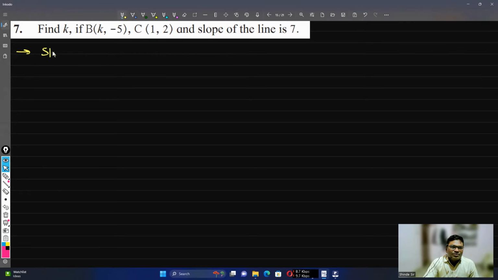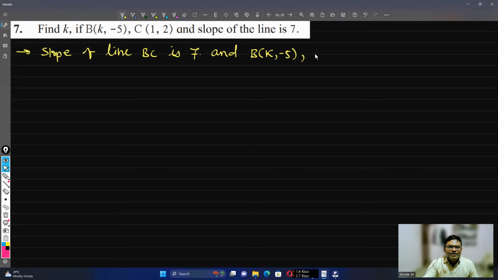Slope of line BC is 7, and B's coordinates are K, minus 5 and C's coordinates are 1, 2. These things are given.